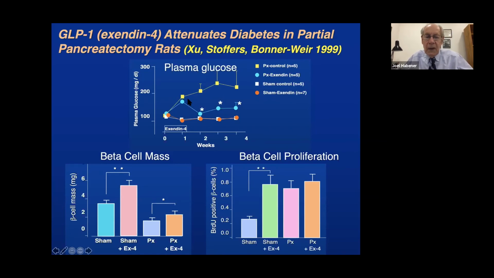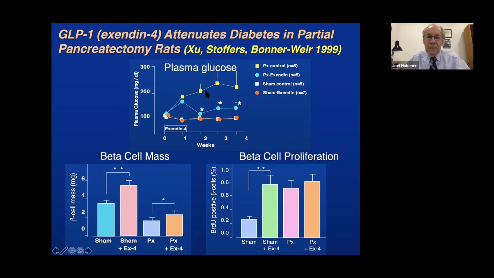in the pancreatectomy animals who have diabetes, because you can see the increase in glucose due to the removal of about 2/3 of the pancreas, so that they have markedly decreased beta cell mass, and therefore develop diabetes.